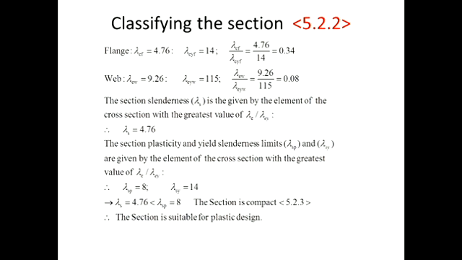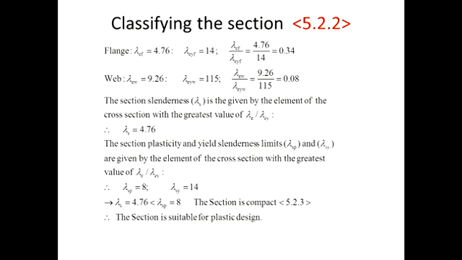One of the things that we have done here is just to look at the section slenderness. Although when both the flange and the web are compact, we know that the section is compact, for this case we are just trying to see what the value of lambda s is going to be.